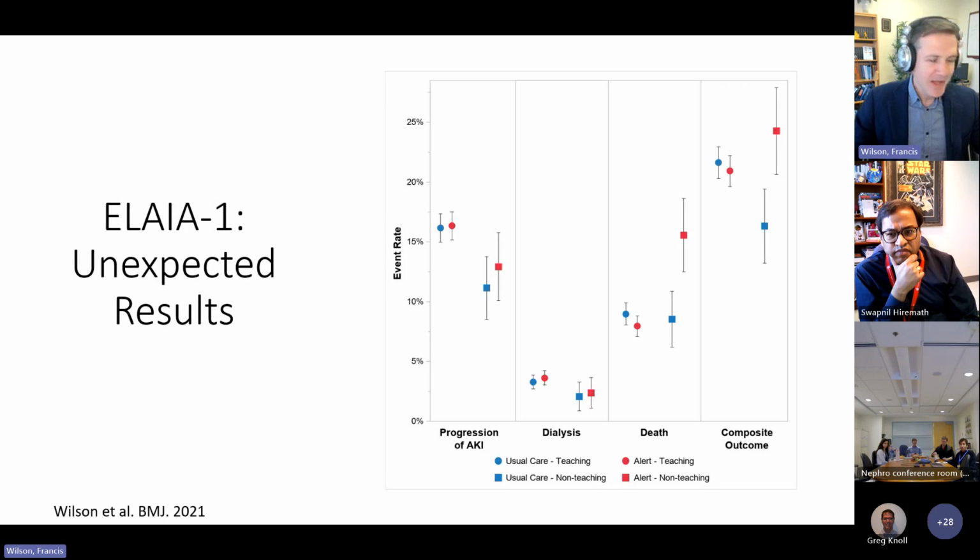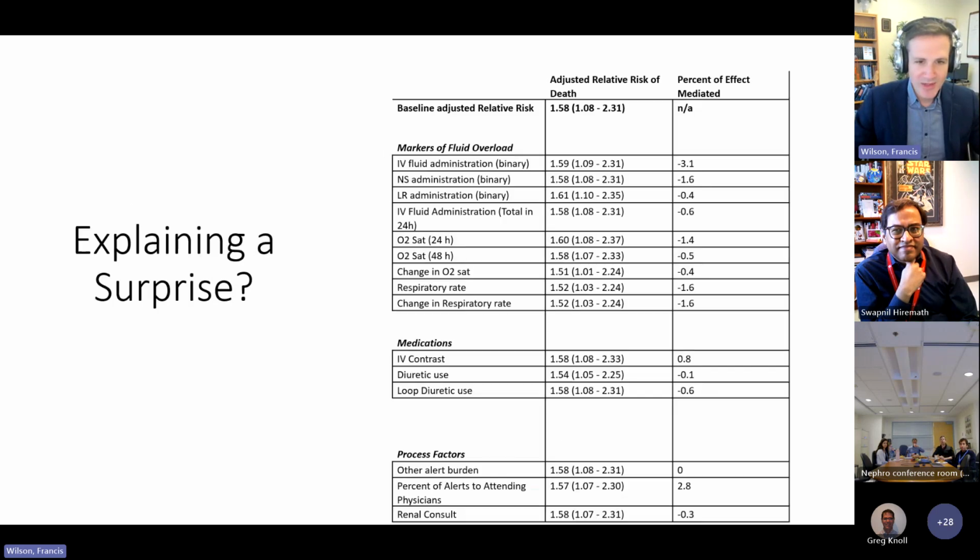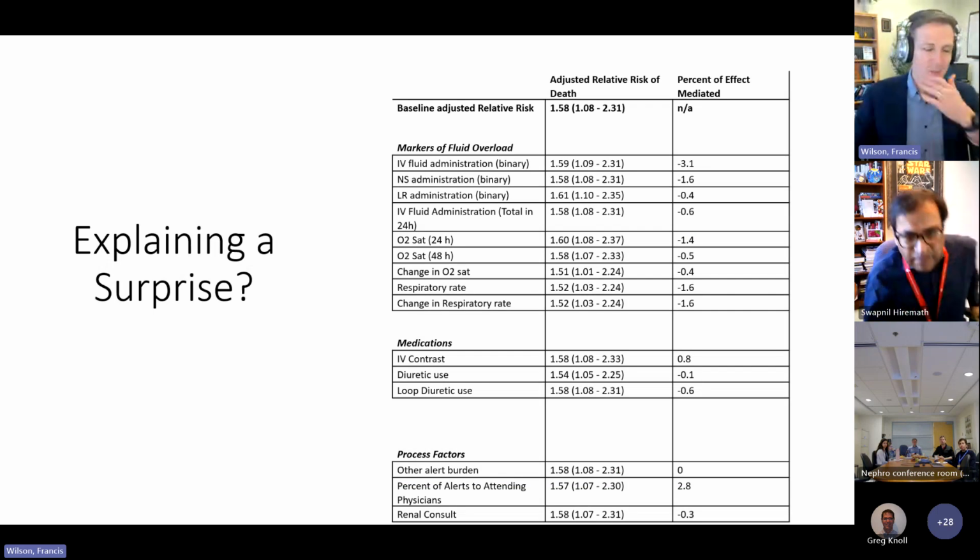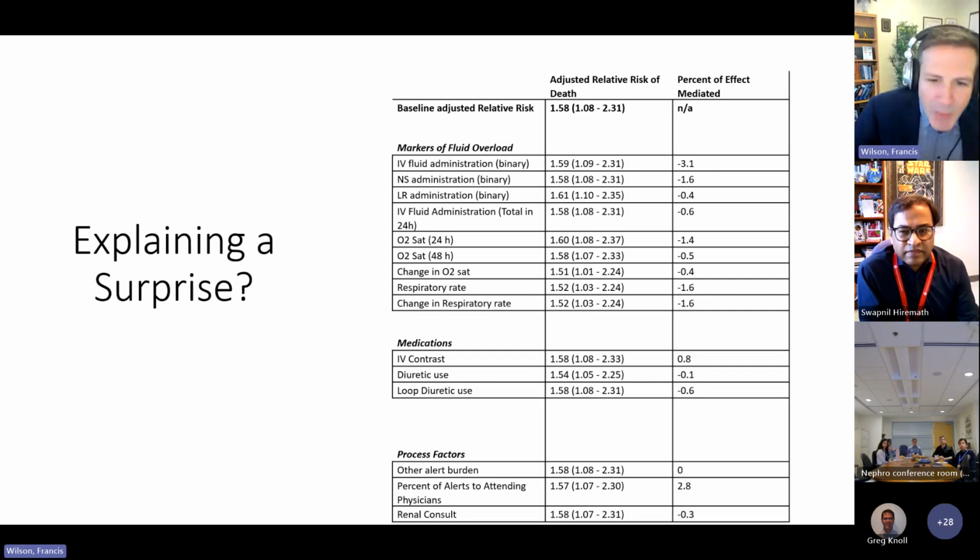And as nephrologists, you're all no doubt thinking already of all the possible explanations for this finding. And I'm going to disappoint you with our mediation analysis and not explain what happened here. So the way we do a mediation analysis is we isolate the observed effect. In this case, I'm showing you the adjusted relative risk of death in those non-teaching hospitals.